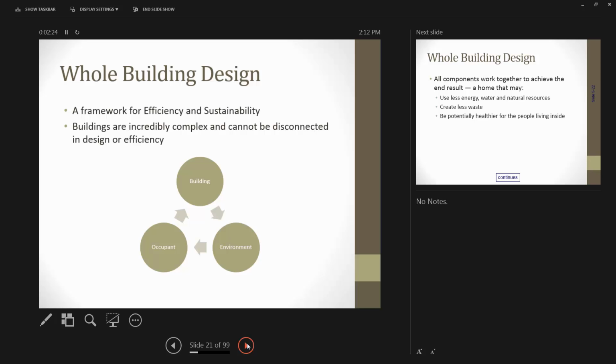It's the building itself, it's the occupants and how and when they use it, and then the environment itself. Thinking about designing a building, the best building design for southern or southwestern Arizona certainly isn't going to be the best design for Vancouver, British Columbia. You've got different environmental forces acting on it.